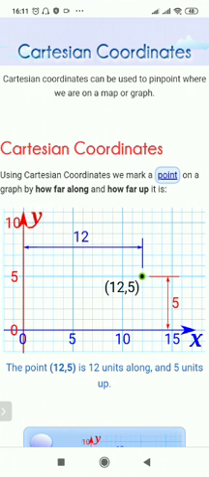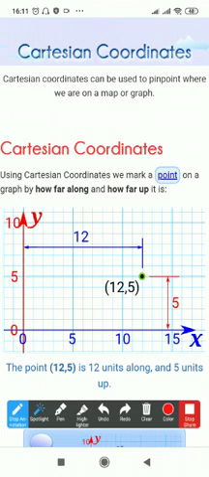Now, using Cartesian coordinates, we mark a point on a graph by how far along or how far up it is. You need to see how far along and how far up any point on the graph is located. We have a small picture which shows the x axis and the y axis.